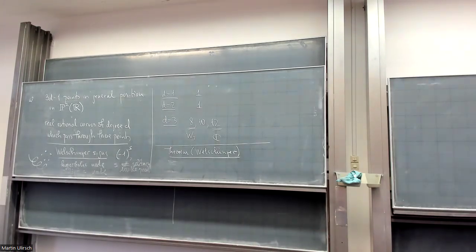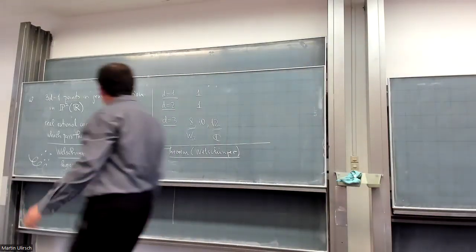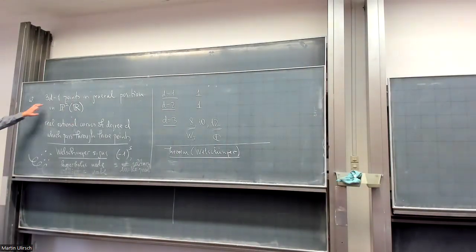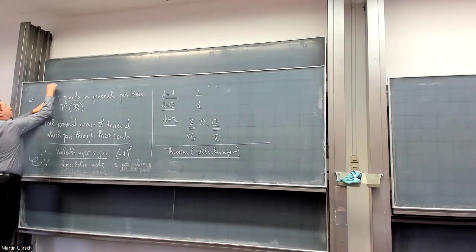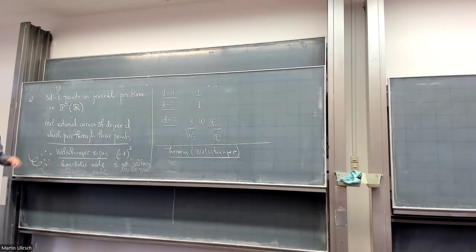So one can decide that instead of enumerating rational curves passing through some points, we can enumerate curves of given genus g. But in this case, we should add g to the number of points in our collection. So we can consider collections of 3d plus g minus 1 points in general position.